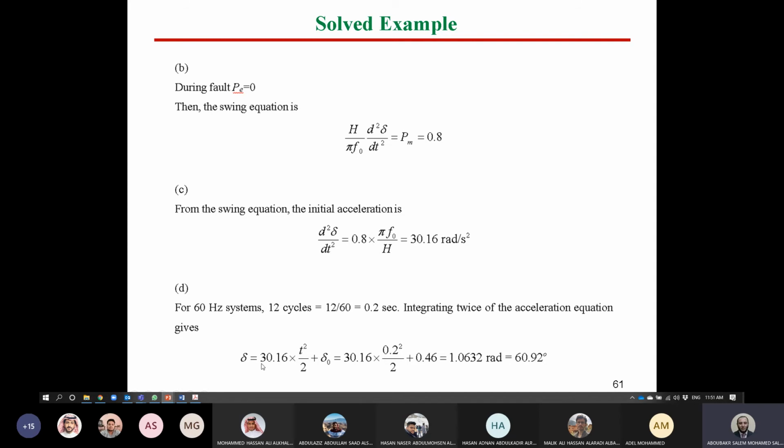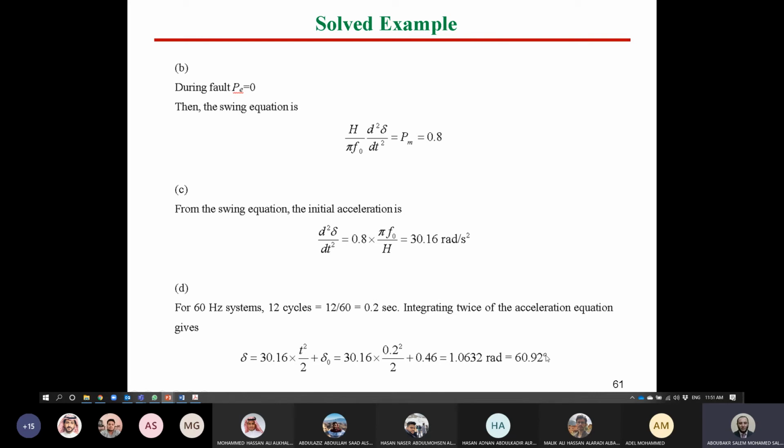You will find the same constant times t squared over 2 plus the initial value of delta, which is the initial value before the fault. The constant is given here. The time is 0.2, so 0.2 squared over 2 plus the initial value of delta in radians. You can find here the angle will be 1.06 radians, which is equivalent to 60.9 degrees.